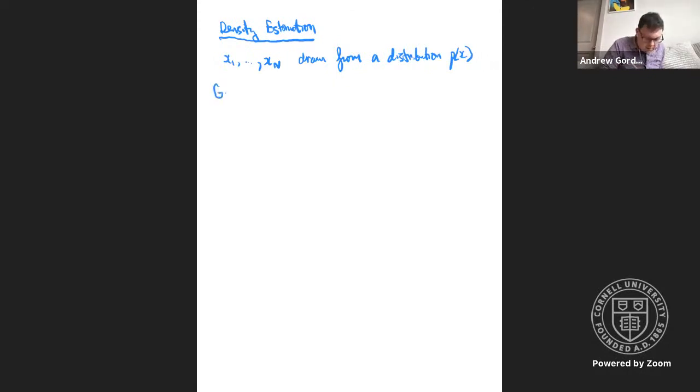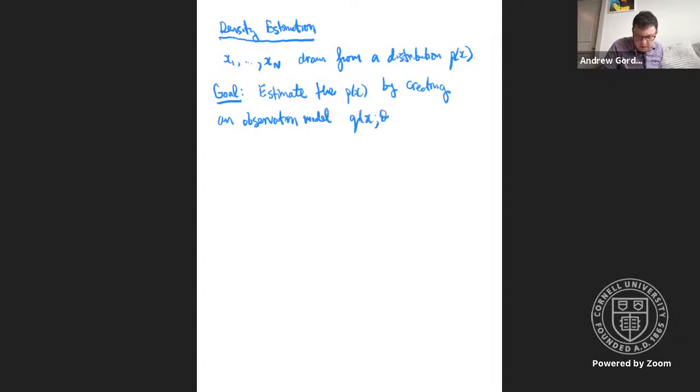Now, our goal in density estimation is to estimate the P(x) by creating an observation model Q(x), and the observation model might have some parameters theta, from which we assume the xi are drawn, and then our learning task is to estimate theta, these parameters of this observation model.